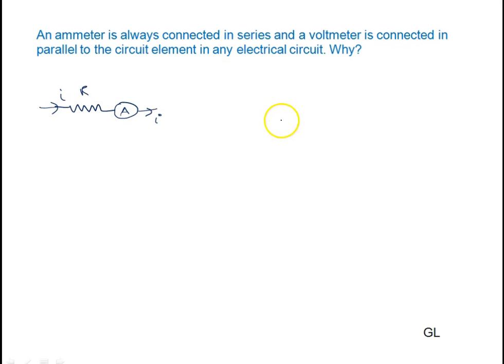And similarly for the voltmeter, again this is a resistance, and we connect the voltmeter across it, and we say this voltmeter is in parallel to this resistance. So if you measure the potential difference across it, it will be the same across the resistance. Okay, so that is a simple thing which we have done earlier.